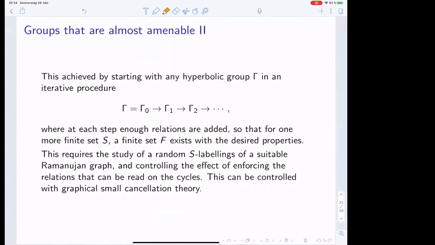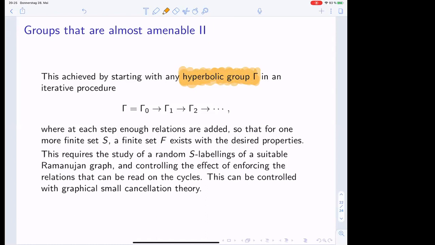So how do we do it? We start with a hyperbolic group, and in our situation, we will assume that it has property T, so that in the end, we can also ensure that the final quotient that we are getting is not finite and is not amenable.